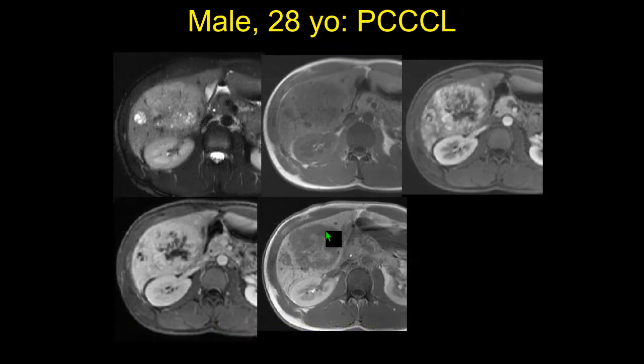This was a young man, a 20-year-old male, and this is only the largest lesion. He had the liver full of these lesions. This was the largest, and once again, you can see here the non-classical HCC, they tend to have a large part in the center of the lesions, which we can call scar, or call in some other way, which does not enhance.